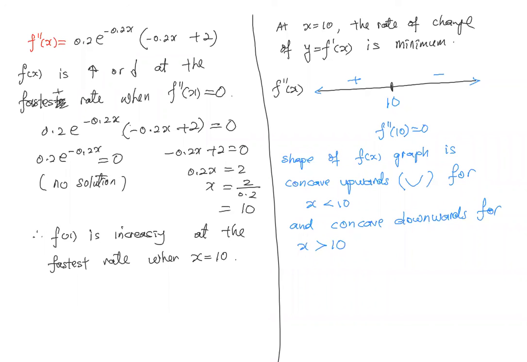Concave downward can be half of it only. After you plot, you will see at the inflection point here, then you go like that.